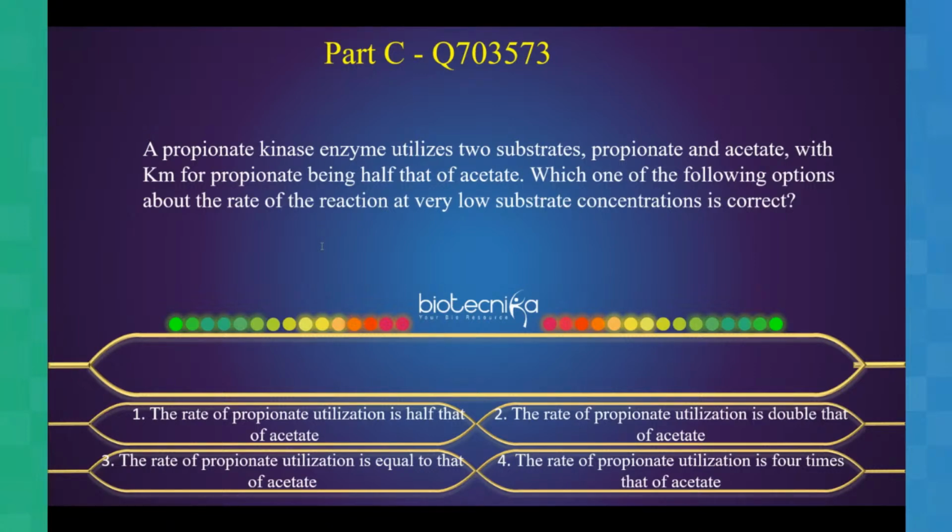So what is the rate? You people know about the rate, right? Rate of reaction, how do you define it? Here, do you have to use the Michaelis-Menten kinetics or not? First tell me that. Do you think you have to use your Michaelis-Menten kinetics, yes or no?